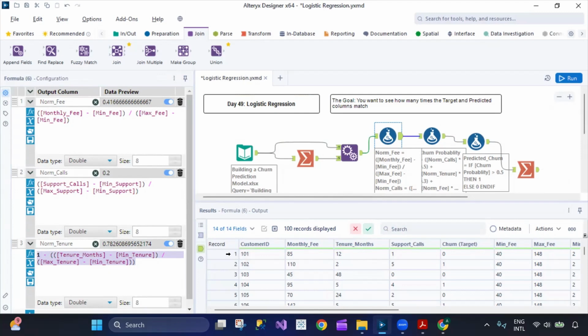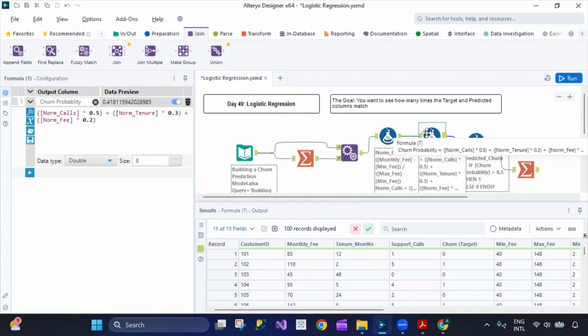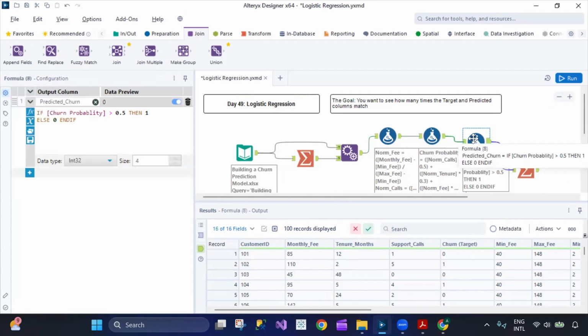So I'm trying to calculate what should be the normal tenure for each customer, what should be the normal calls for each customer, what should be the normal fee of each customer. And based on that, we are calculating the probability and then we are predicting the churn.